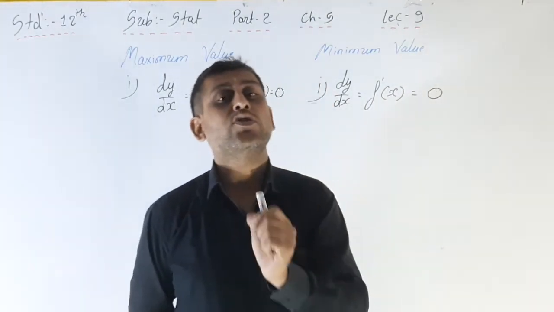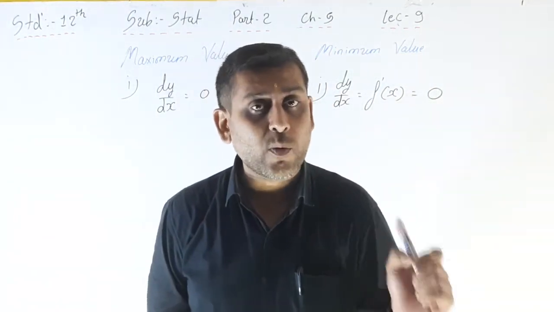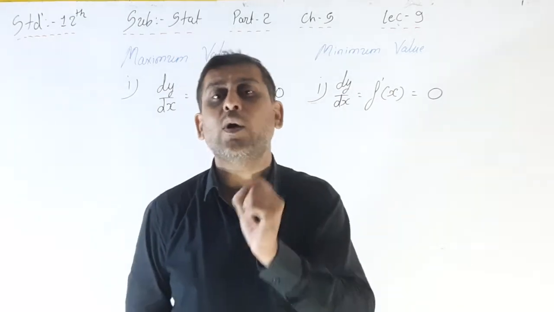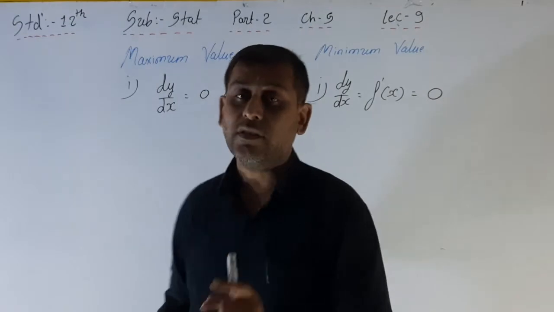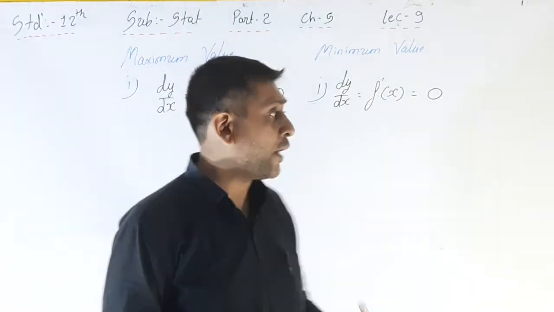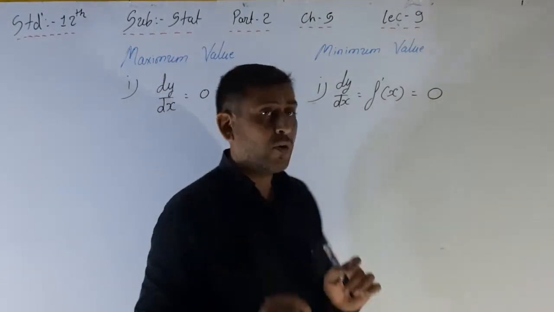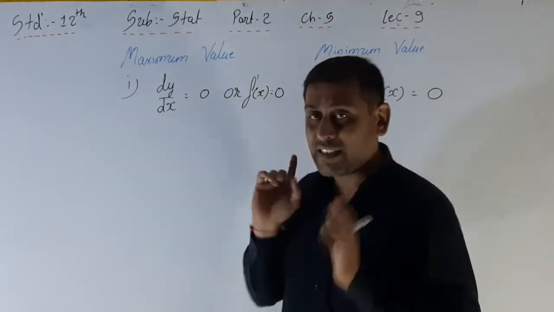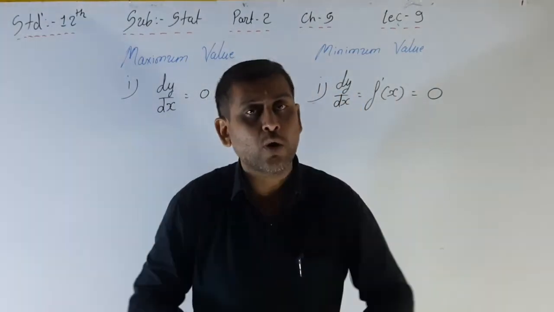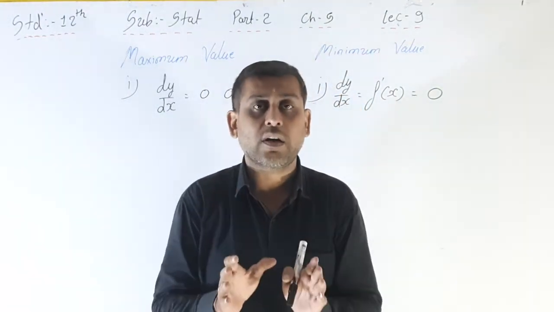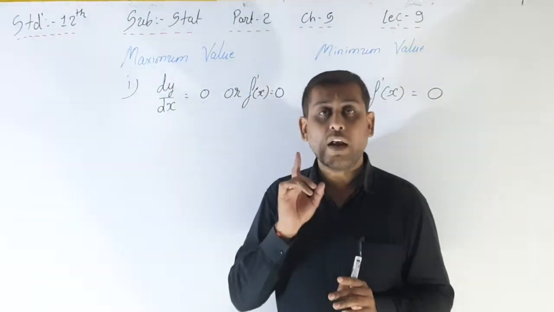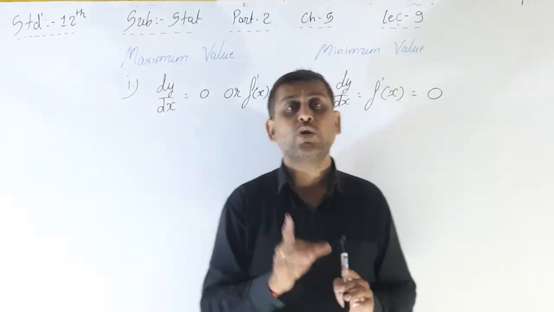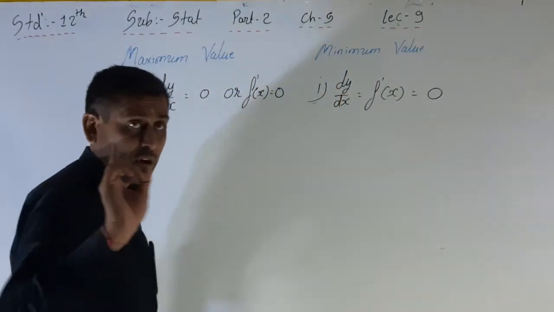And if the question is given in y format, y equal to so and so, then we have to write dy by dx equal to 0. So the first condition for maximum or minimum value is similar for both: dy by dx or f dash x equal to 0.